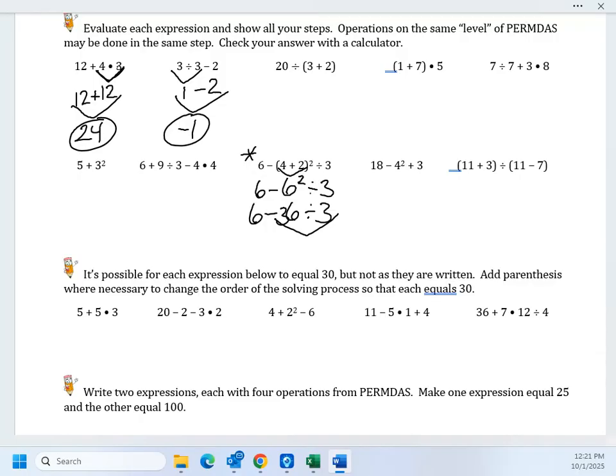Hunter. 12. I'm going to bring down the rest of my expression, 6 minus. What is 6 minus 12? Elliot. Negative 6. See how I'm just rewriting it underneath itself and narrowing it down, doing one step at a time.